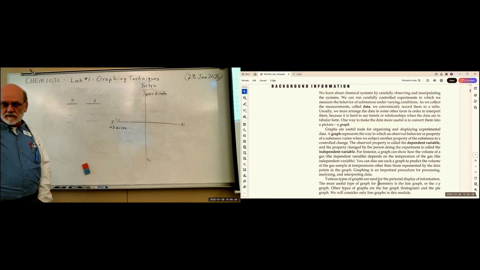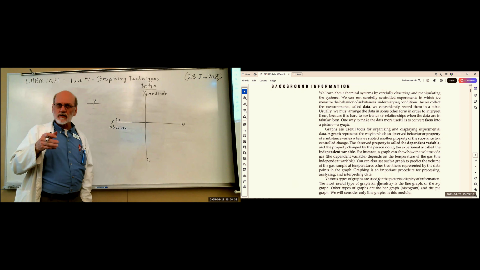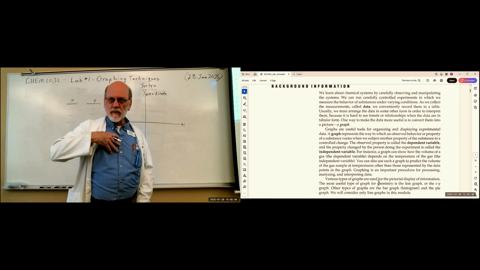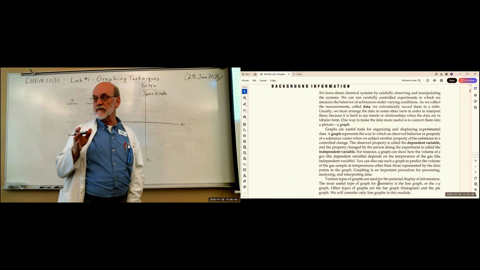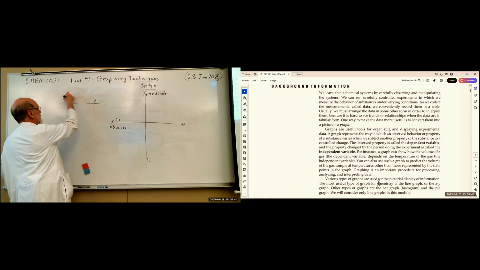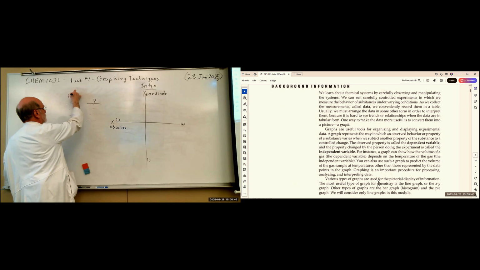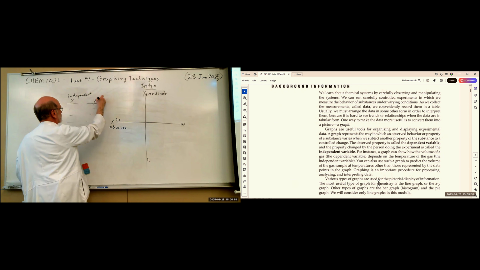But for representing data, we have an experiment. And usually what we do is the experimenter controls one of the factors. And the one that the experimenter controls is the X. This is the independent variable. This is the dependent variable.